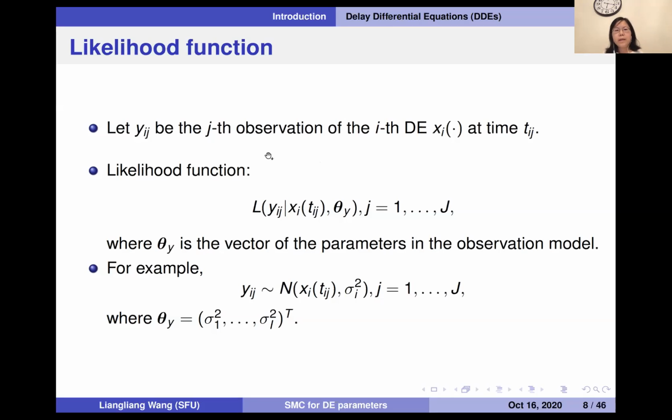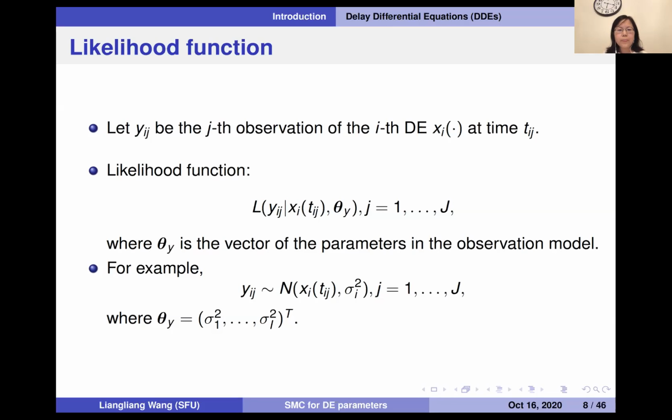We assume a likelihood function, which is usually a normal distribution, and there are some related parameters in this observation model. I will use theta sub y to denote the parameters in the likelihood function.